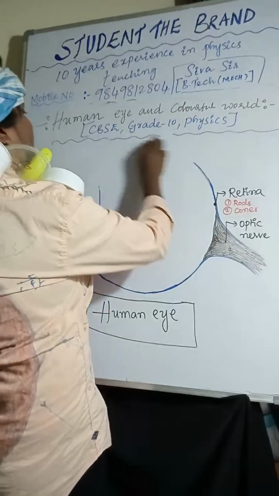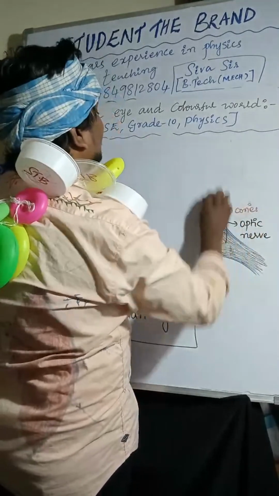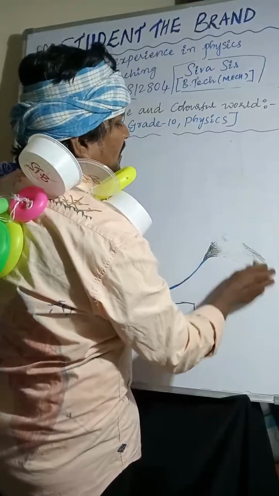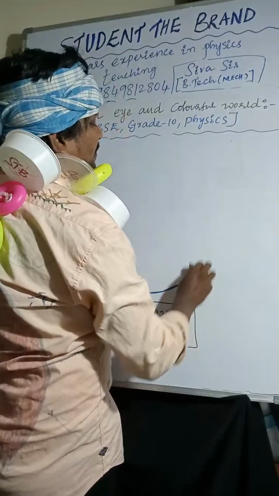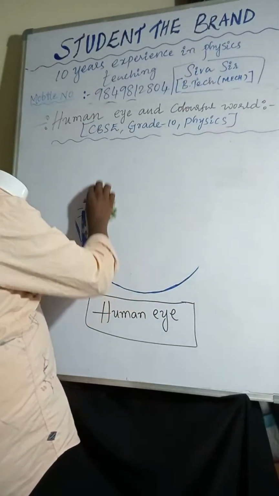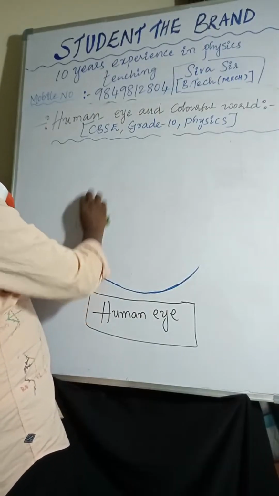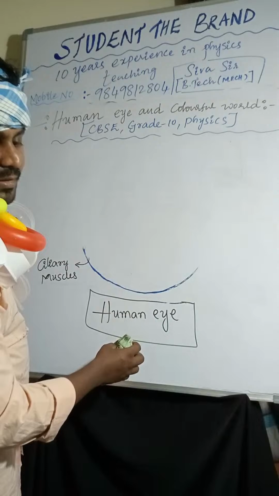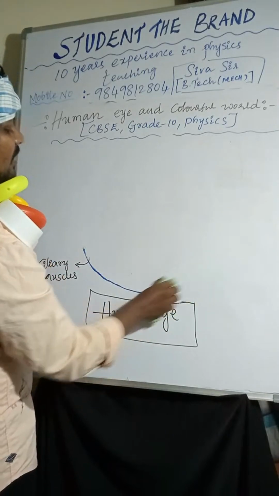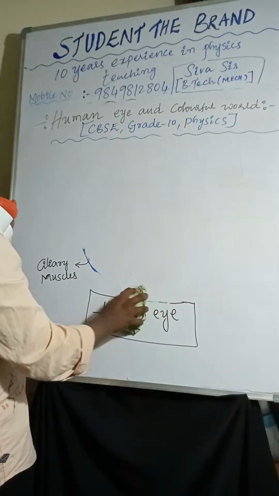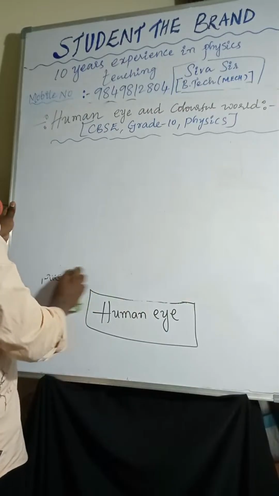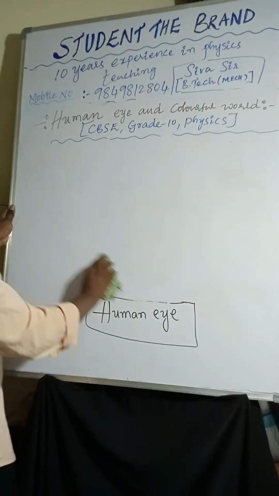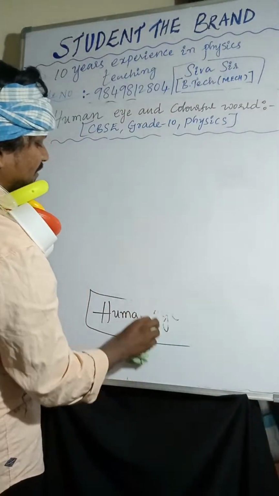Myopia: near distance we can see, far distance we can't see.